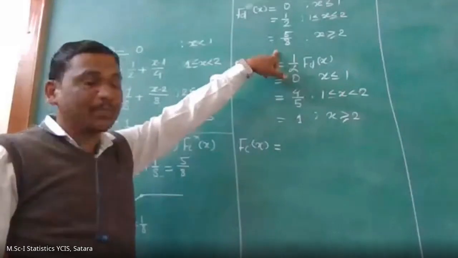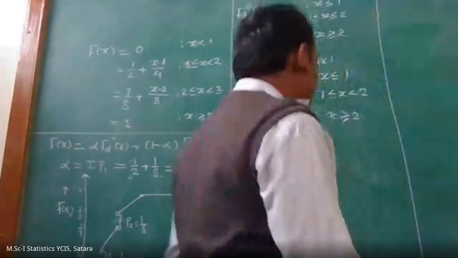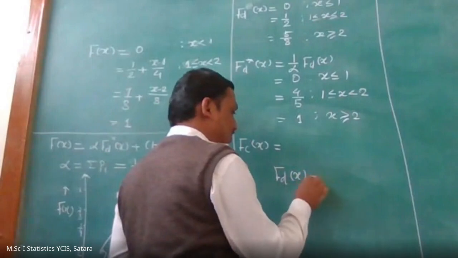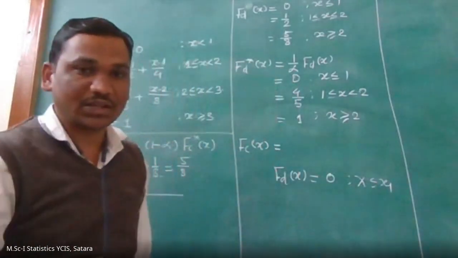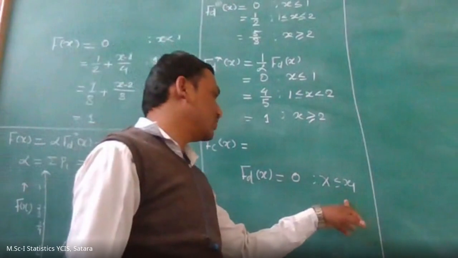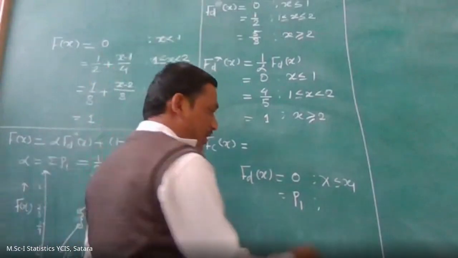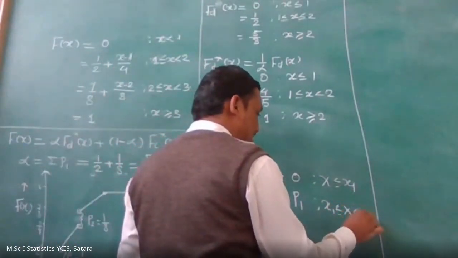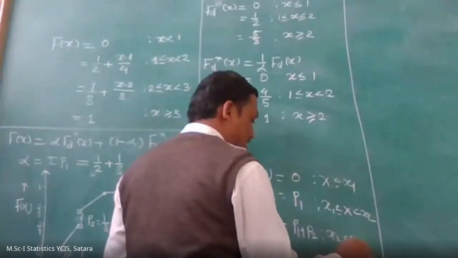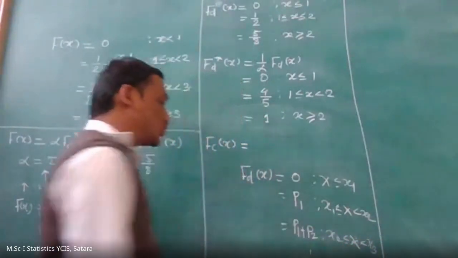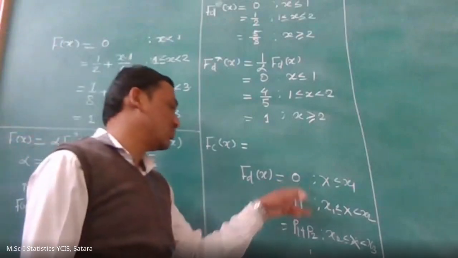हे ना ऍक्च्युली आपण एफडी ऑफ एक्स फाइंड आउट करताना आपली प्रोसिजर काय आहे, हाऊ टू ऑब्टेन द एफडी ऑफ एक्स, दॅट इज एफडी ऑफ एक्स इज इक्वल टू 0 फॉर x ची व्हॅल्यू जी पहिली लेस दॅन ऑर इक्वल टू x1 असते, दिसतंय ना, दॅट इज x इज लेस दॅन ऑर इक्वल टू x1, equal to p1 for x1 is less than x is less than x2, then which is equal to p1 plus p2 for x2 is less than or equal to x is less than or equal to x3 and so on. आता इथे आपल्याला दोनच नंबर ऑफ जंप पॉइंट्स भेटलेले आहेत, therefore we have to get the first value 0, then p1 plus p2.